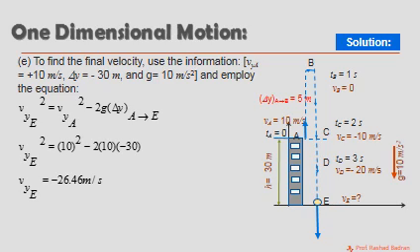The velocity at E is obtained with a minus sign, which means it is downward, and the magnitude of this velocity is 26.4.